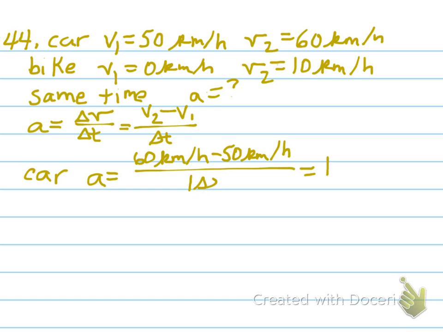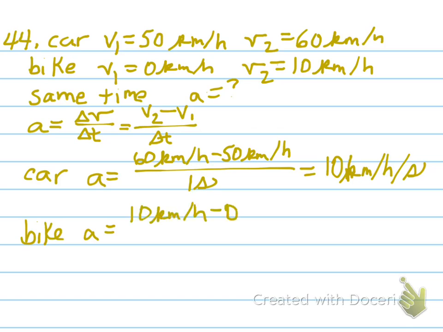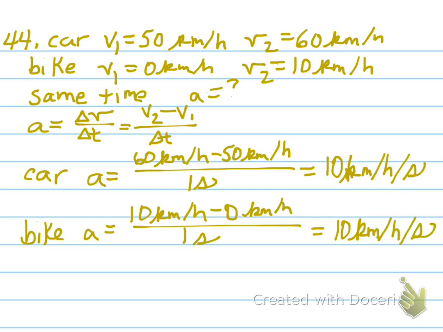So that's 10 kilometers per hour per second. For the bike, our acceleration is 10 kilometers per hour minus 0 kilometers per hour in 1 second. So we have 10 kilometers per hour per second. So it's a trick question again. Their acceleration is the same because their change in speed is the same for the same period of time.